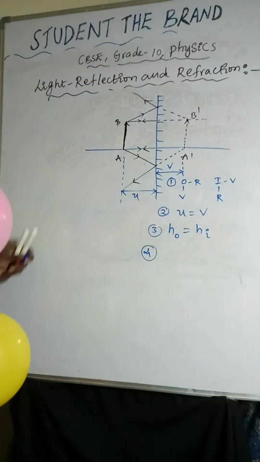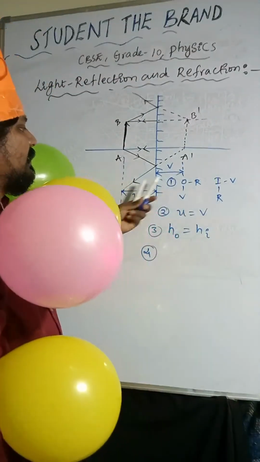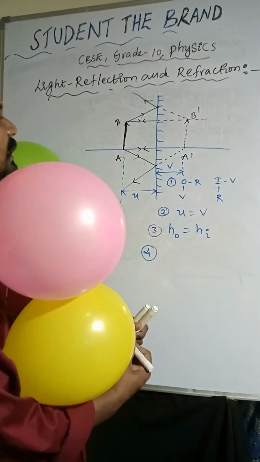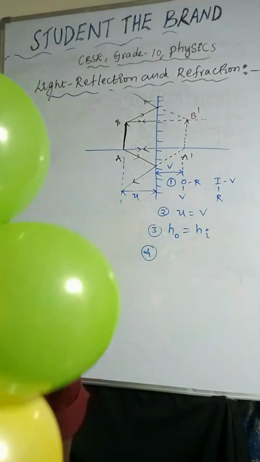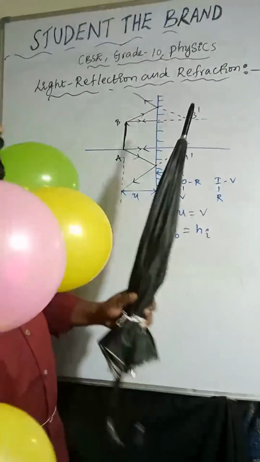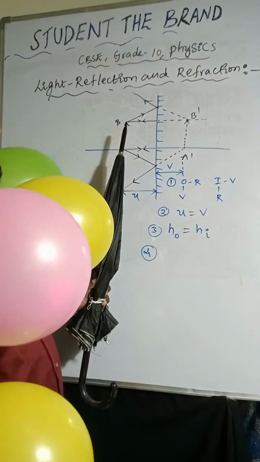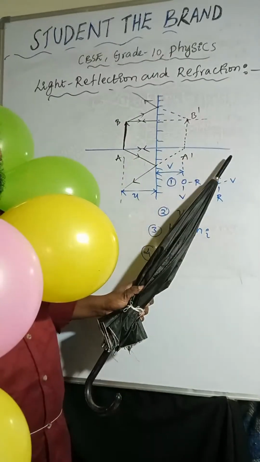Once again, check here. If the object is real, the image is virtual. If the object is virtual, the image is real.